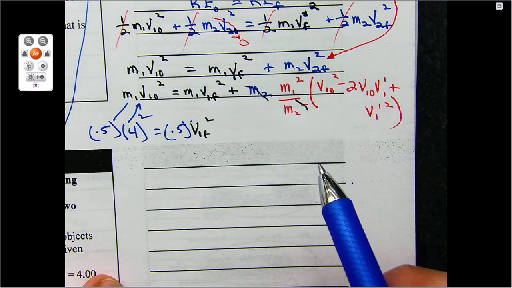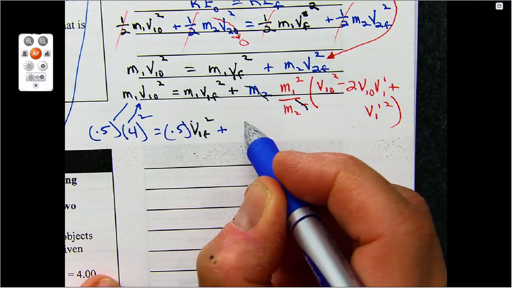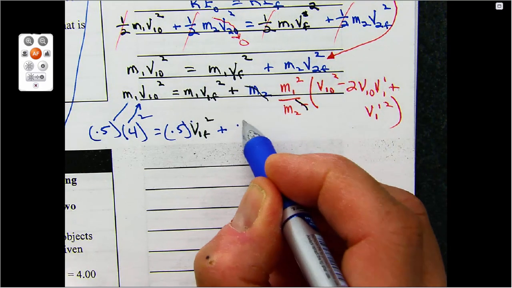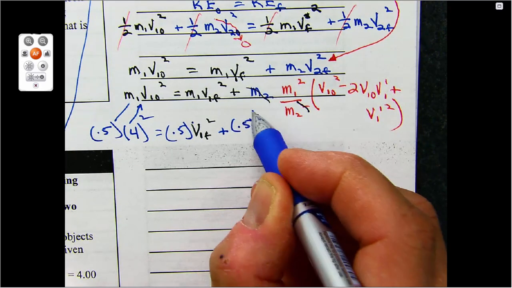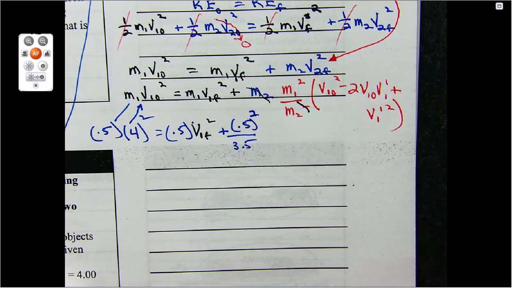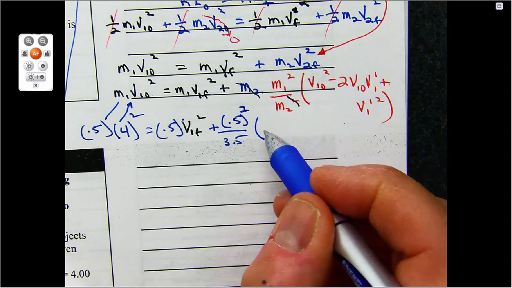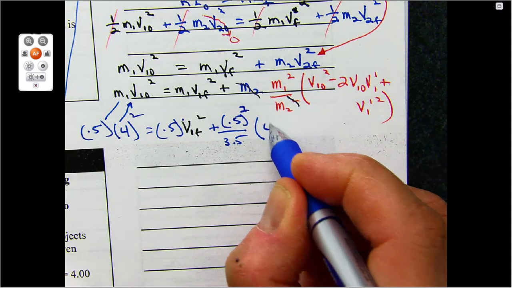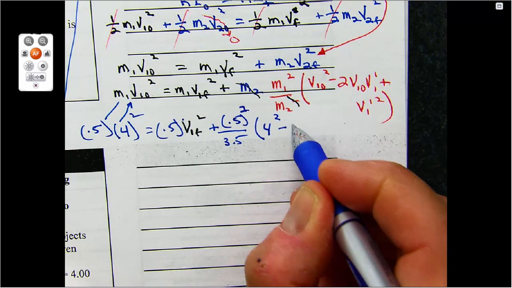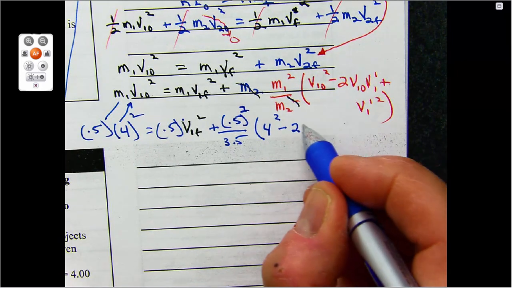Now, what else? How about M1 over M2? 0.5 over, and that's got to be squared, doesn't it? 0.5 squared over 3.5. Right? And then V1 initial squared. 4 squared, right? Minus 2 times V1 initial, 4.